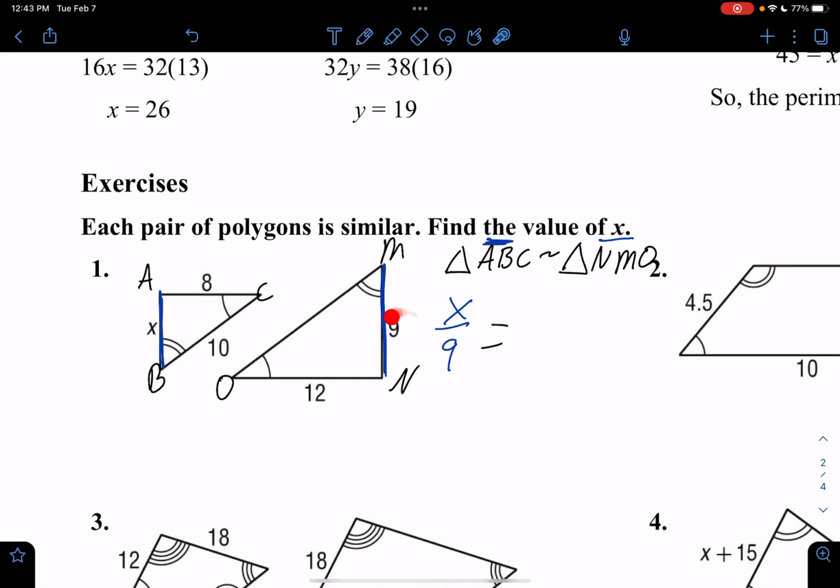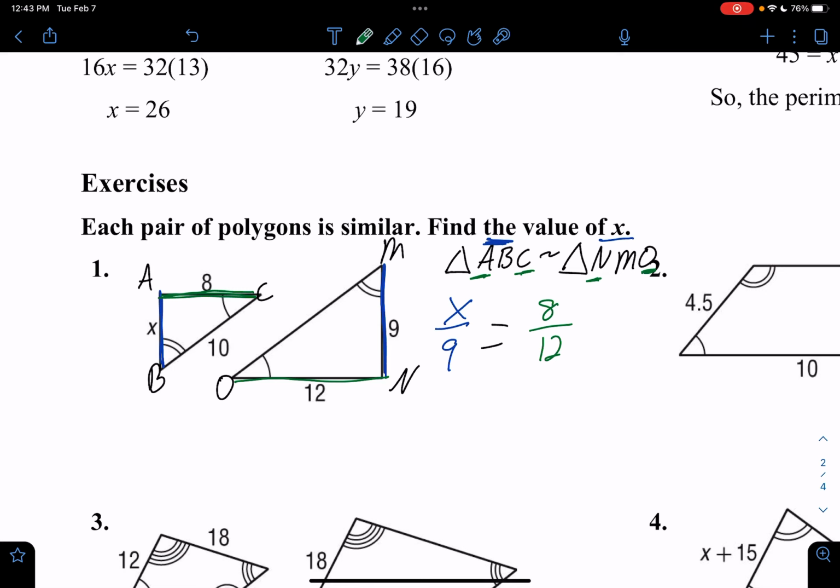I already used 9, and there is no other number here but 12, so I will have to use 12. I'm going to put 12 right here, and 12 is in between O and N. So I need to find what is related to that one, which is going to be C and A. What is in between C and A? In between C and A, I have an 8. There it is.